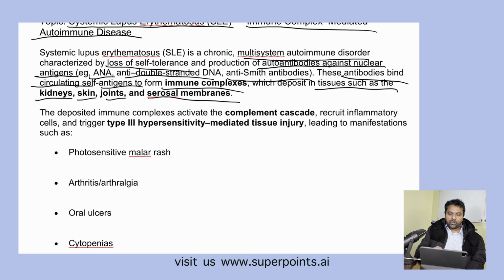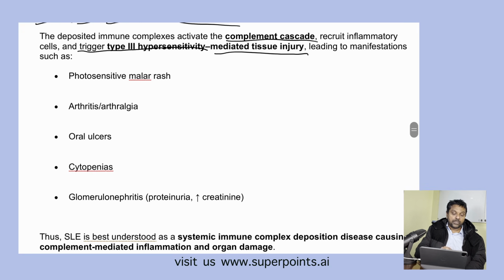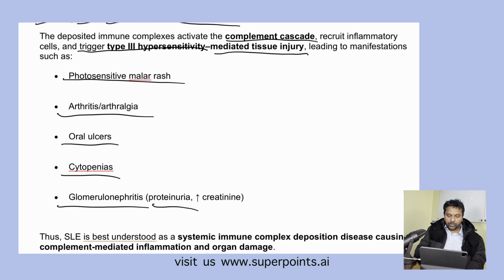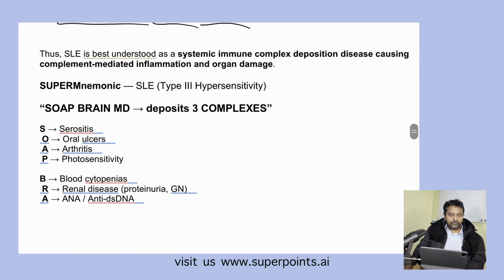The deposited immune complexes activate the complement cascade, recruit inflammatory cells, and trigger type 3 hypersensitivity mediated tissue injury, leading to manifestations such as photosensitive malar rash, arthritis, arthralgia, oral ulcers, cytopenias, glomerulonephritis, proteinuria, and elevated creatinine.